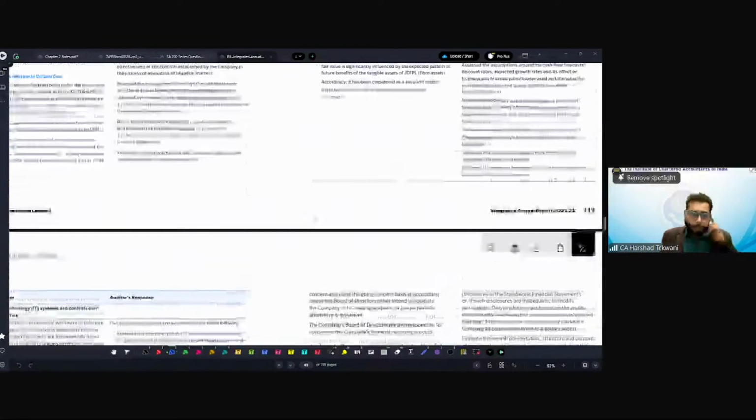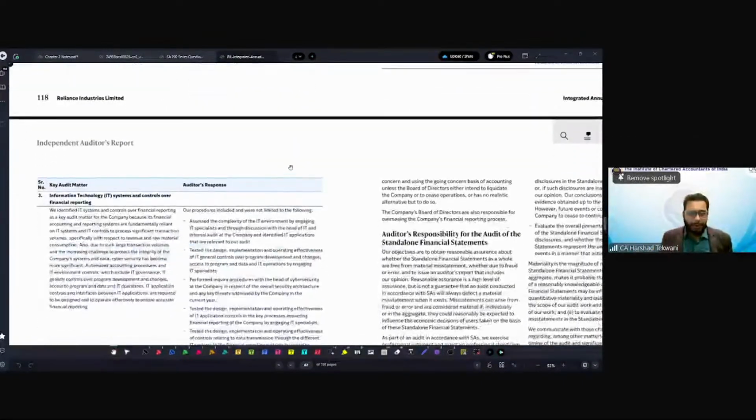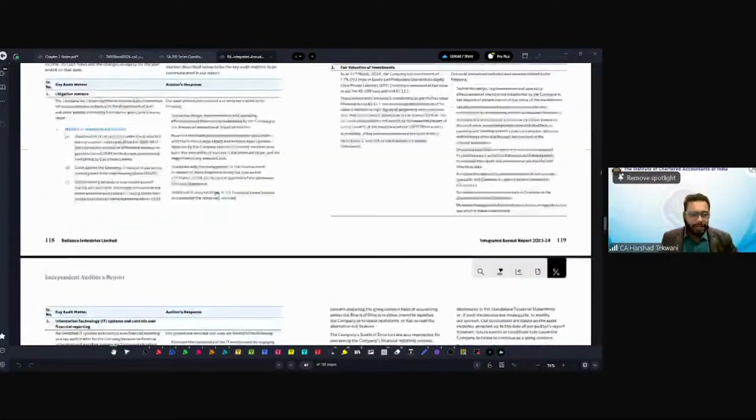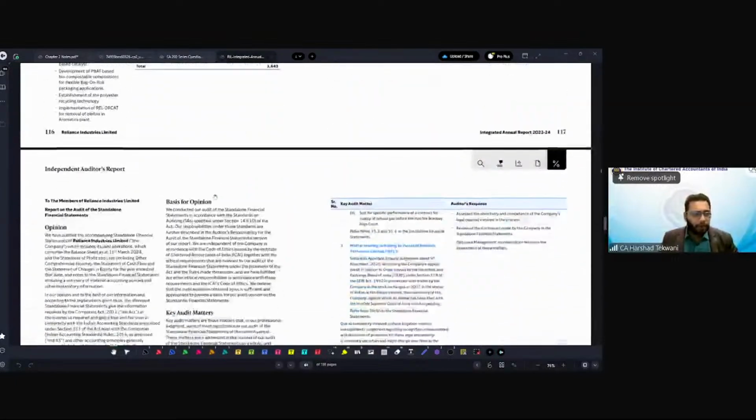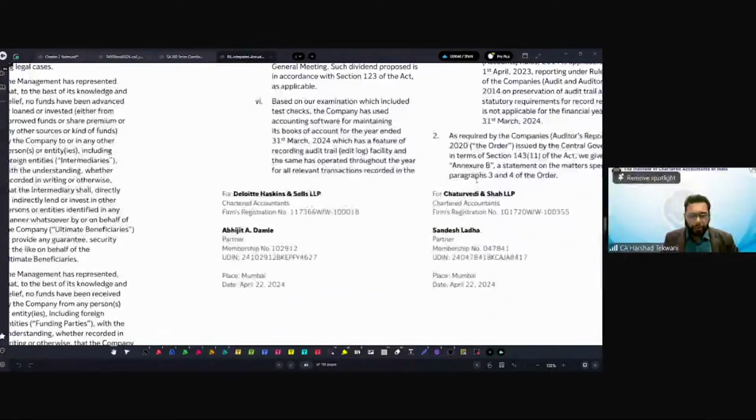Okay. So this is the audit report of a particular company, taken from the public domain, so no confidential data is there. If you can see, independent auditor's report. And if I go below, look at the two different firms who have issued the audit report, and they both are signing it. Not one particular auditor, like in our example, Mr. X. Here, the audit report is signed by two different partners of those firms.